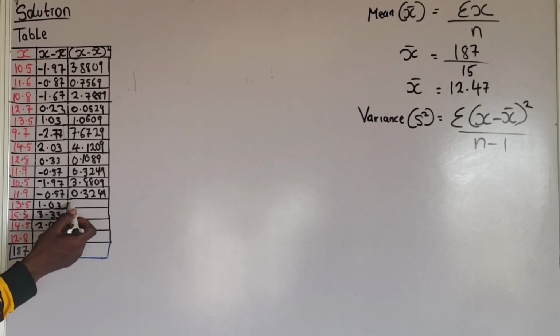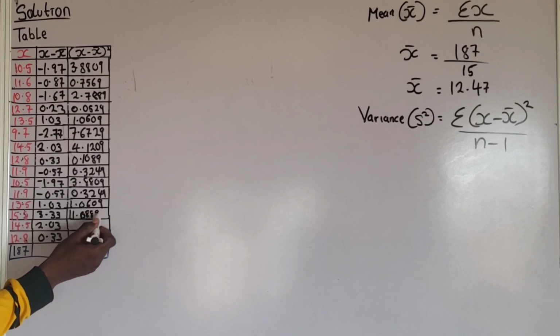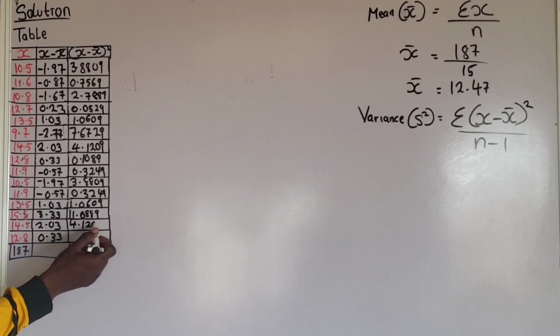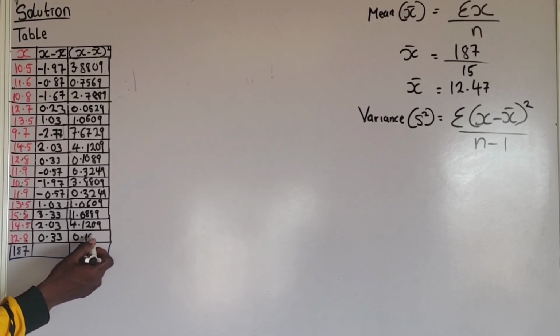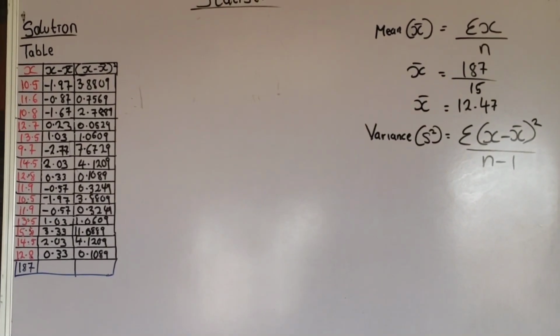For this, 1.0609. So 3.33 squared will be 11.0889. And here, we are going to have 4.1209. For this, we are going to have 0.1089. Now you can see that we are done with the deviation squares.